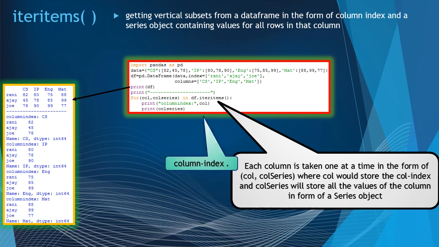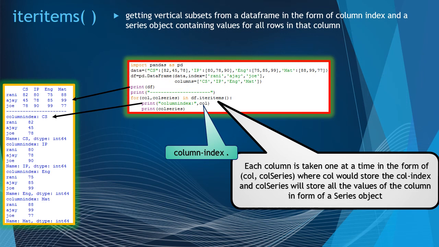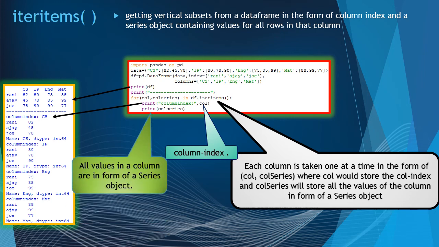So col displays the column index, which means the column title. The first column title is CS, and the corresponding column series values 82, 45, 78 are printed. Likewise, the next column will be fetched in that loop: IP, and the corresponding values 80, 78, 90 are displayed. Likewise, the other two columns are also fetched one by one and then displayed.